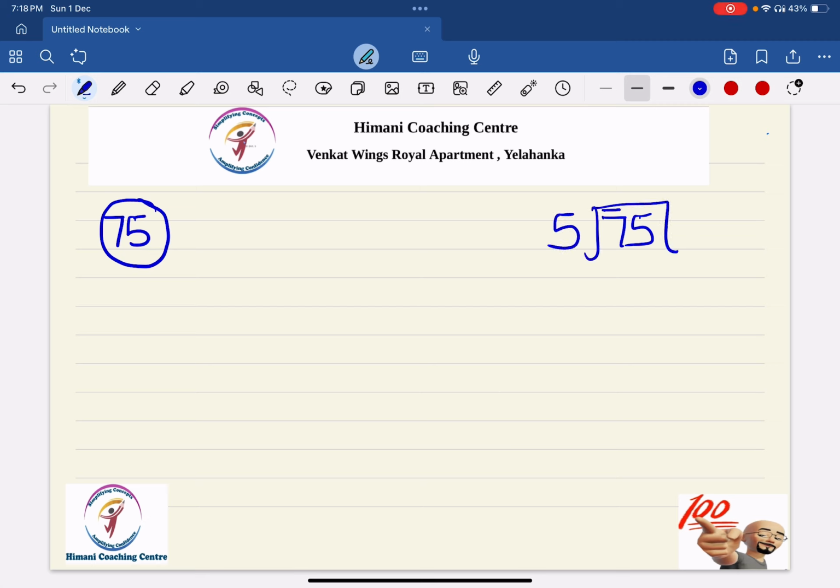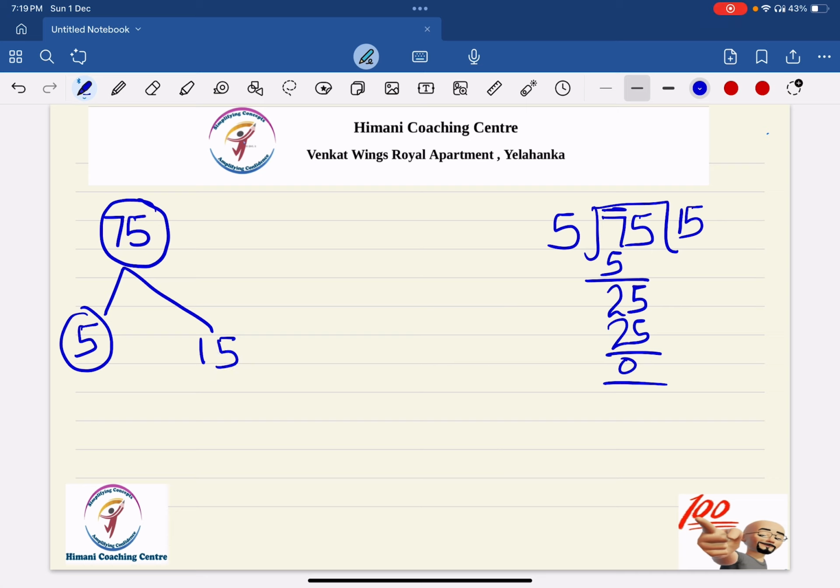Now, 7 is bigger than 5, so we will try dividing 7 by 5. 5 times 1 is 5. 5 times 2 is 10, which is more. So we go to 5 times 1, and 7 minus 5 gives us 2, and then we get 5 fives are 25, and the remainder is 0, which is what should happen if it is a factor.